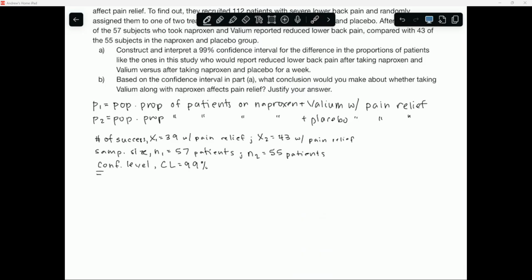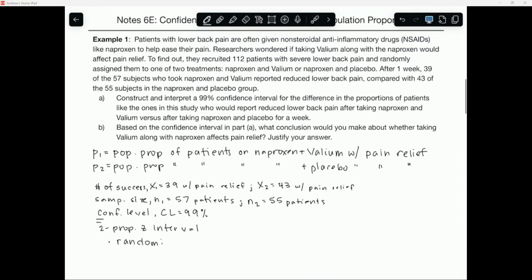So I am building a 2 proportion z interval. And I know that means I need to check 3 things: random, independent, and normal. So we'll start with random.